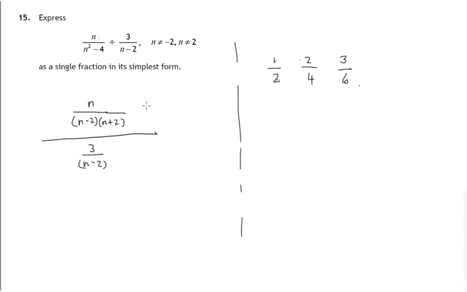So let's look at the top and the bottom of this, and let's multiply the top of this big fraction by the factor n minus 2. The reason I'm doing that is because this and this will cancel. But I can't do that on the top without multiplying the bottom by the same factor.